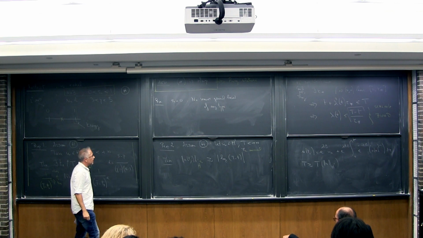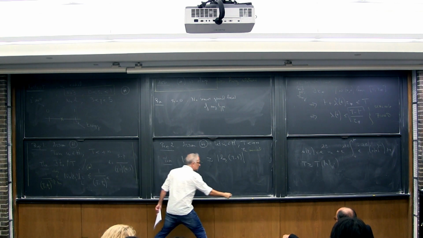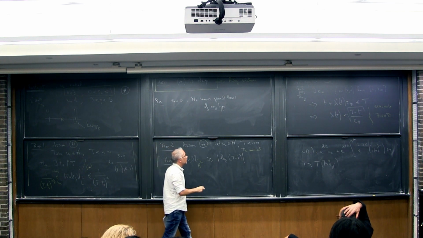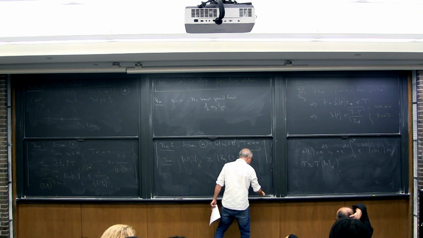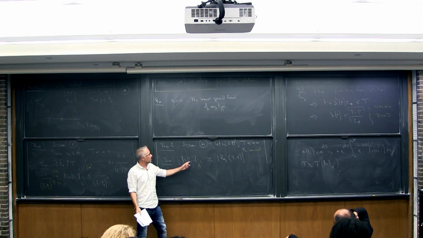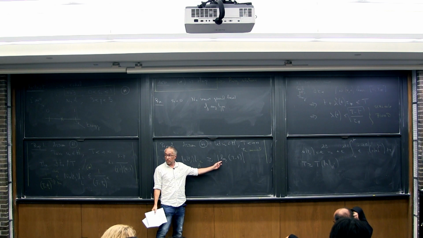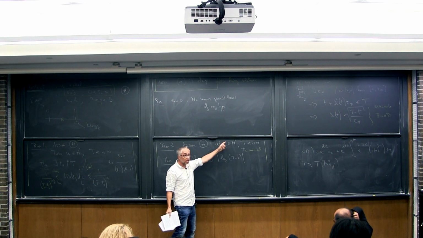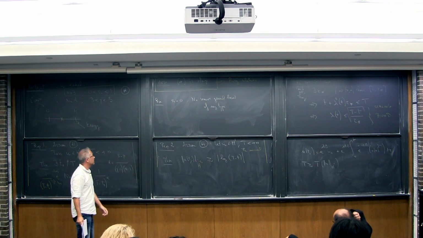OK, so you should be worried that maybe there are constants floating around in this kind of estimate. So it's a typical thing, a constant that may depend on the data. Of course, the data is in the picture. What depends on the data in this estimate is the time it takes to enter this regime. Okay? It's how long it takes to actually have this bound. That, of course, very strongly depends on the data.